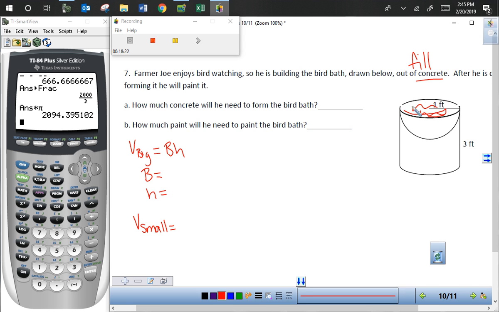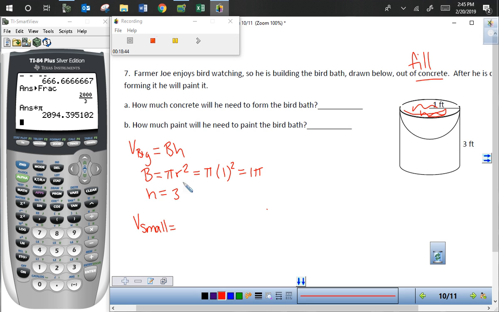Area of the base of the cylinder, it's a circle, so it's pi r squared. That looks like pi times our radius squared. Our radius is just 1 here. Well, 1 times 1 is still 1. So we've got 1 pi for the area of the base. Then the height of this cylinder is 3.